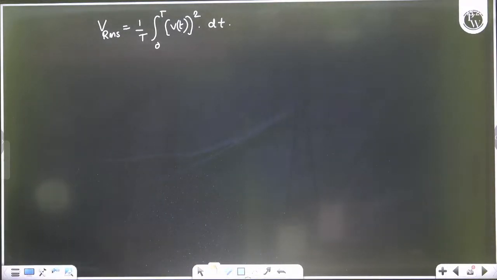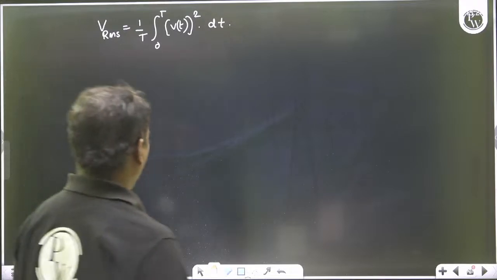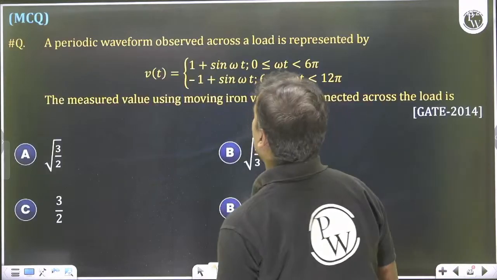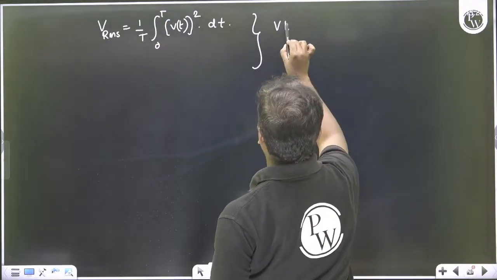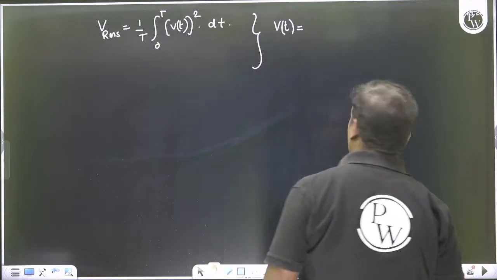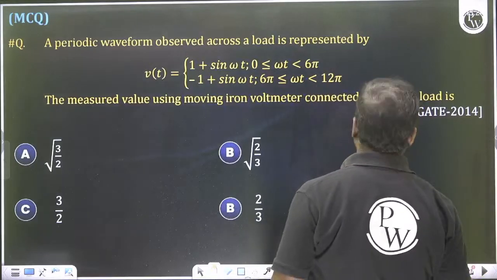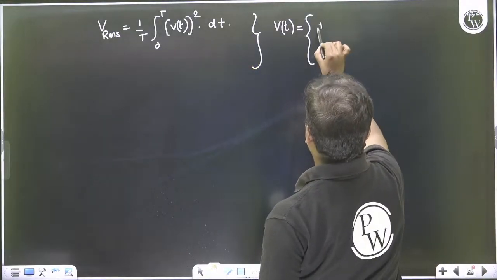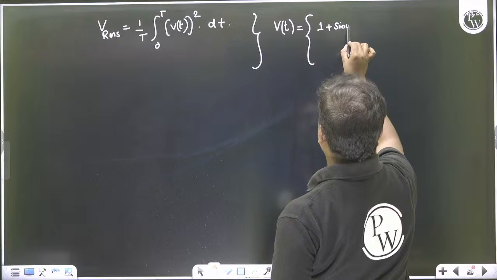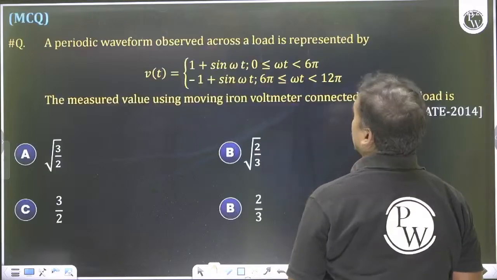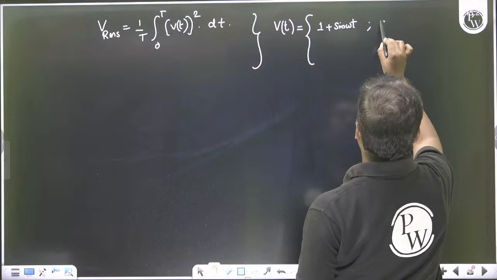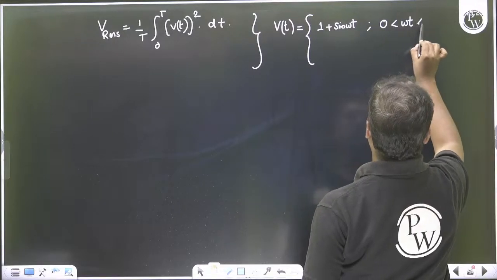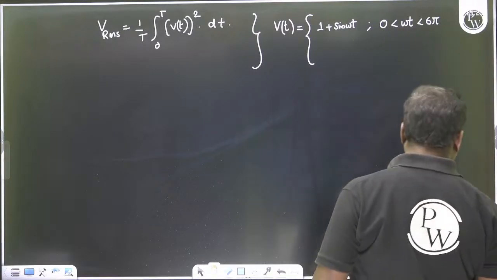Here V of t is given as 1 plus sin omega t, for omega t greater than 0, less than 6 pi.